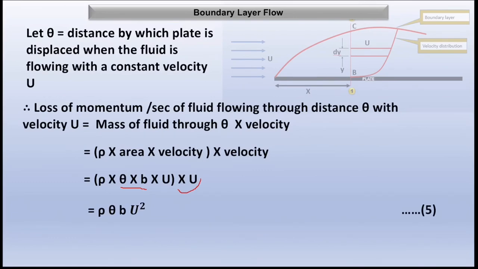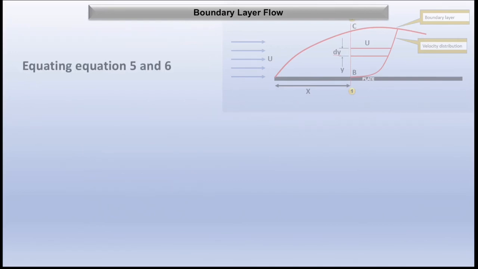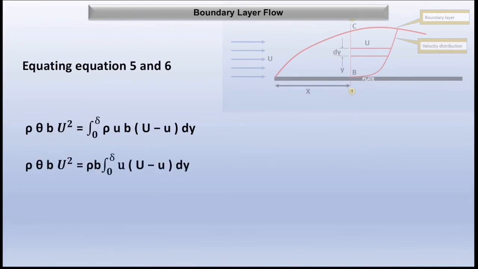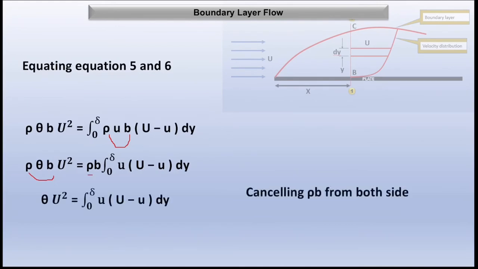Now this equation and the previous one we equate, and we get rho into theta into b into U square is equal to the integral from 0 to delta of rho u b (U minus u) dy. Rho into b is a constant term, so it comes out of the integration, and this rho b and this rho b get cancelled.